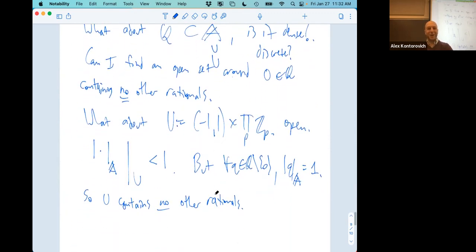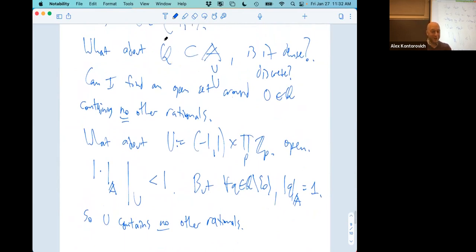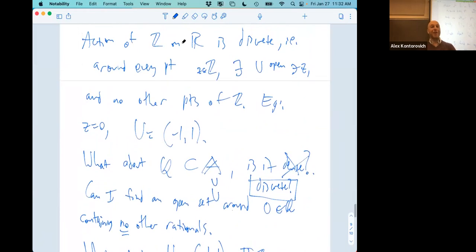So the upshot of this is that the rational numbers are discrete. They're not dense, they're discrete in the Adeles. Sounds good. So Q acting on A, you might start thinking of as Z acting on R. That's one kind of picture you can try.